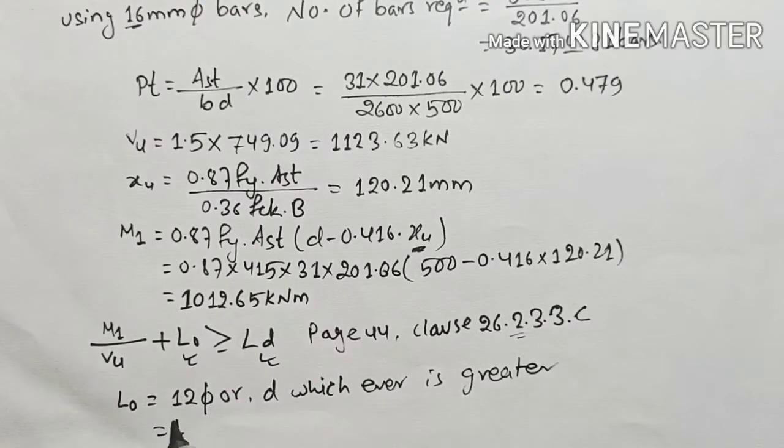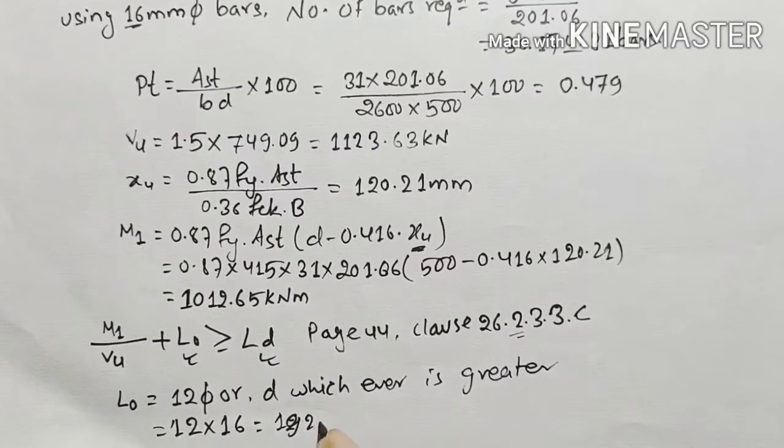As we are providing 16 millimeter dia bar, 12 into 16 is going to be 192 millimeter, and we have D equals to 500 millimeter.